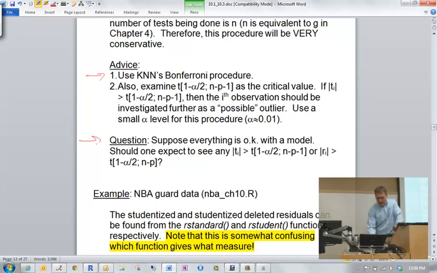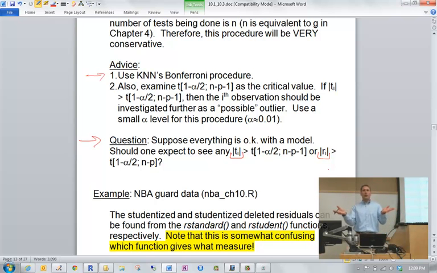Here's another question. Suppose everything is actually okay with your model. Your model is great, but you end up having a few of these studentized residuals and studentized deleted residuals outside of those ranges. Is that necessarily surprising? No. Why not? Let's say I have a sample size of 100 and alpha is 0.05. I would generally expect about 5 to be outside that range.